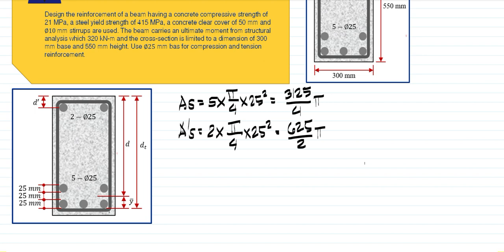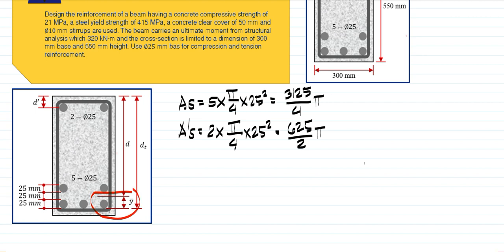So, after getting our steel areas, syempre, kailangan na natin i-determine yung effective depth and yung distance from the extreme compression fiber to the centroid of the farthest reinforcement. So, bago natin i-determine yun, alam natin na kailangan natin ng value y bar.